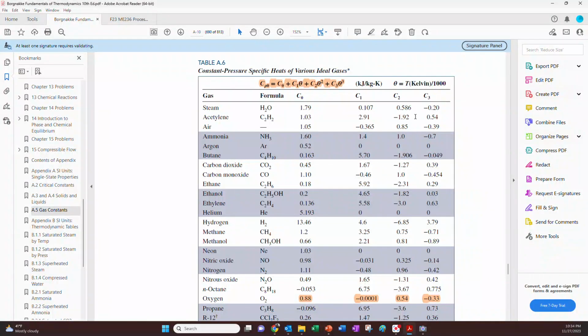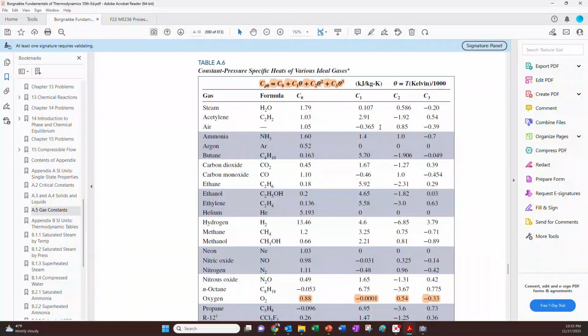So I'm going to write these down as I mention them. We have C0 0.88, C1 negative 0.0001, C2 0.54, C3 negative 0.56. All right, and we have to write out the equation.